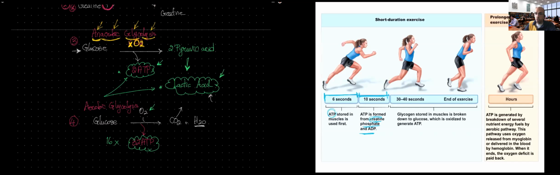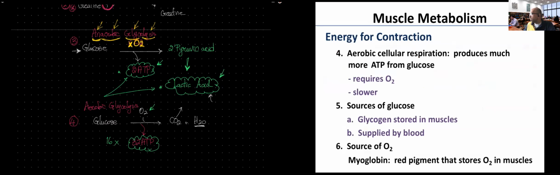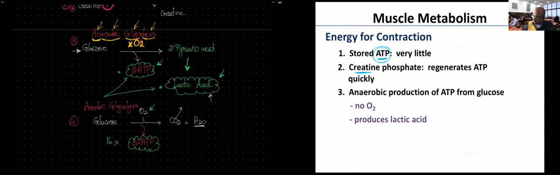All right, so you can run about 1 minute of high intensity or sprint, for example, or you perform high intensity exercise for around 40 seconds to a minute.